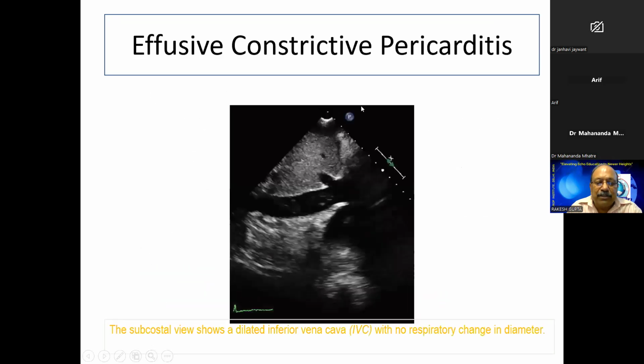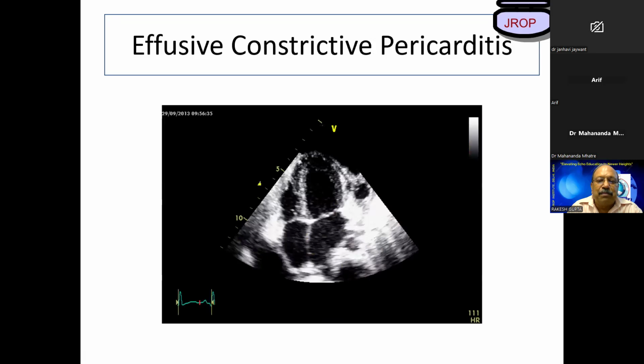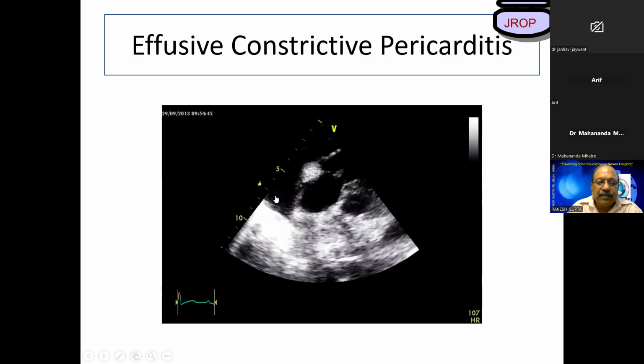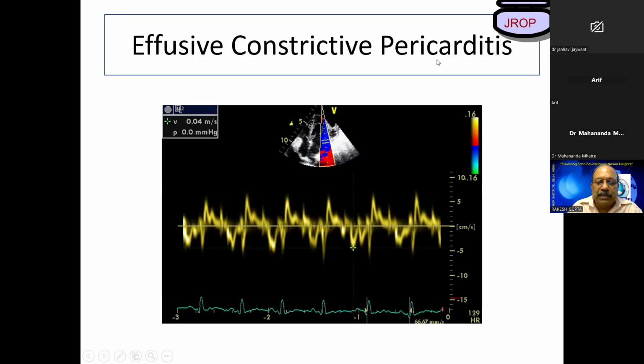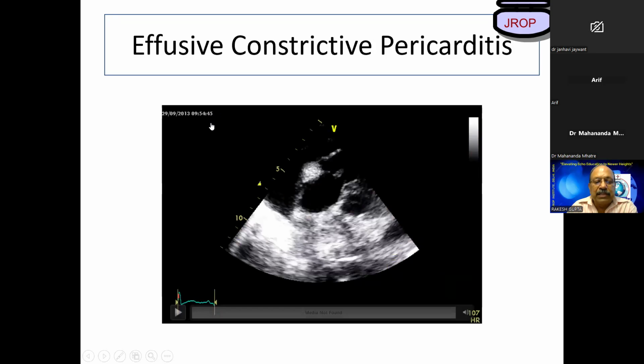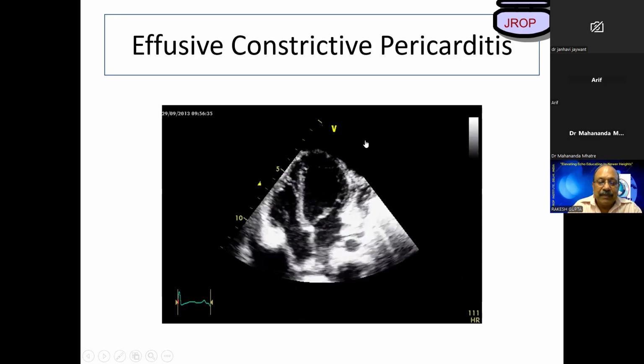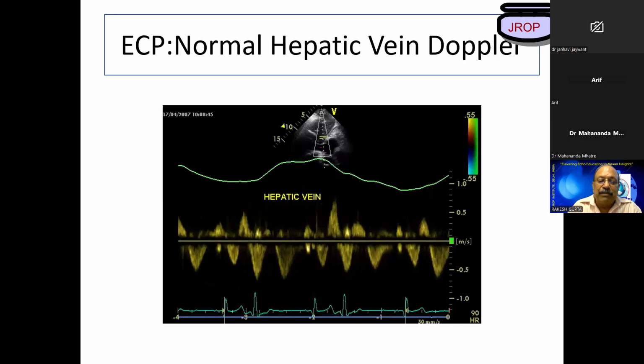I was trying to show you ventricular interdependence. I hope there's a slide on it. Look, this is a patient of constrictive pericarditis. Lateral E prime is only 4, and if you look at this septal E prime, it is 9. So lateral restriction is there, opening up completely.